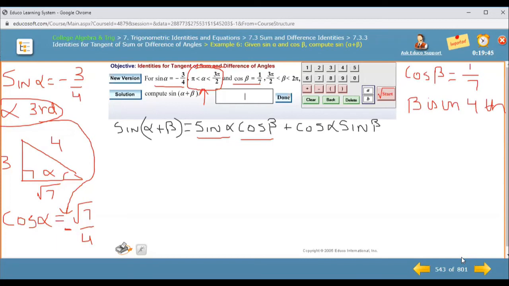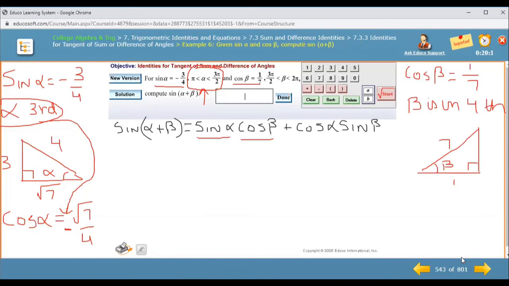Now I want you all to draw the diagram of beta. This is a right triangle. Cosine is what? Adjacent over hypotenuse. 1 and 7. Now find the opposite, and then write sine beta. Please do consider the quadrant.